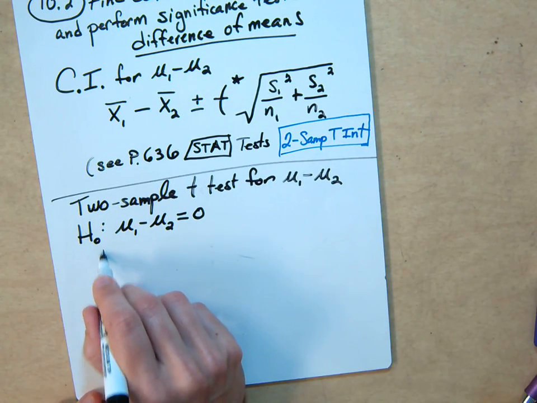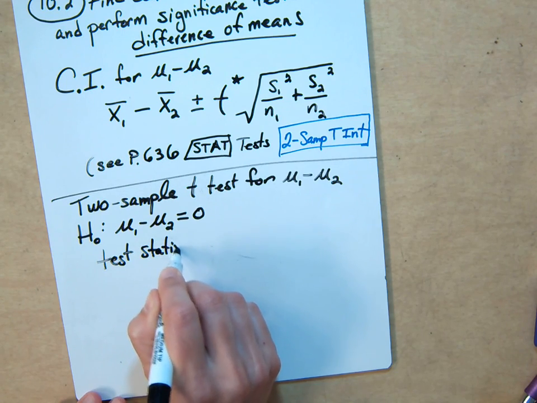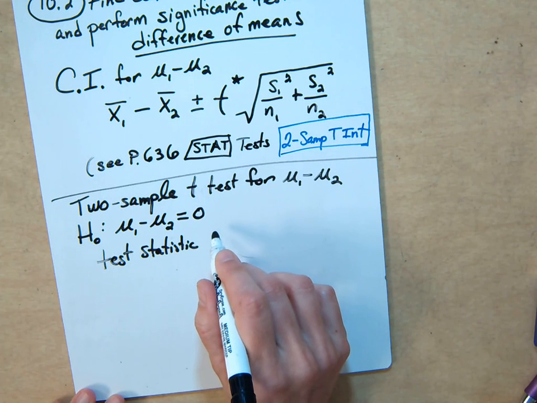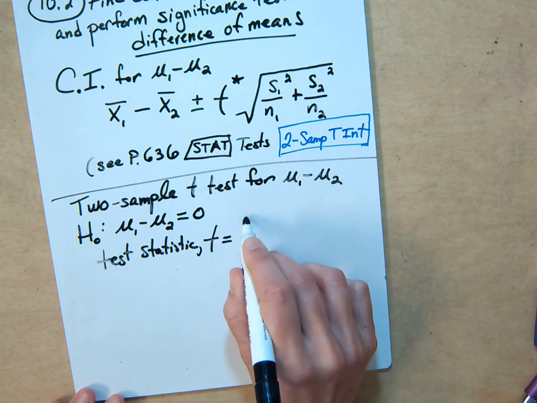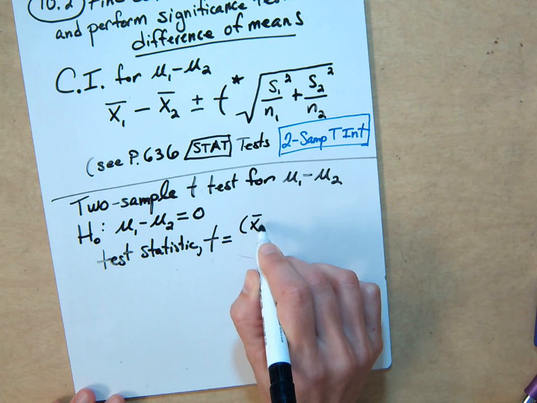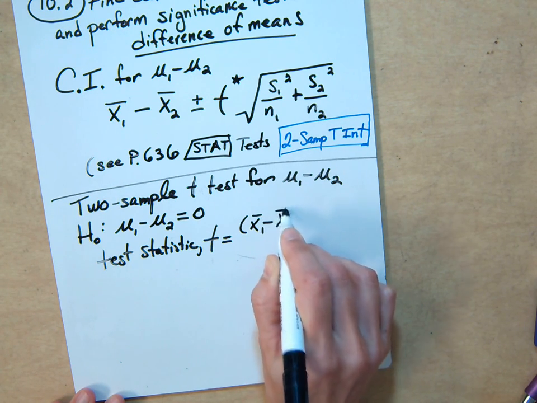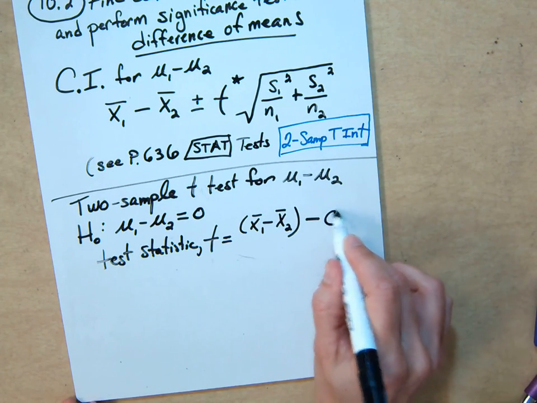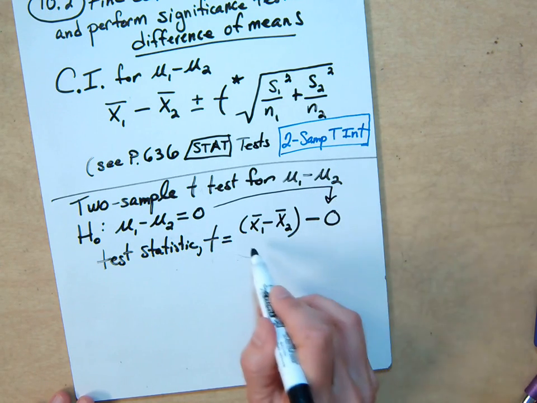So your test statistic for a t-test would be t equals the difference of means x sub 1 minus x sub 2, and then minus, so how far is it away from 0, and whatever you state in your null hypothesis is what goes there.